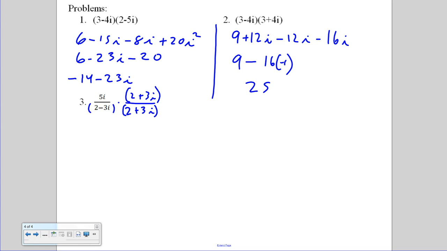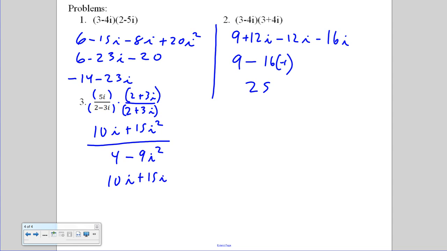And when you do that, you end up with, let's see, 10i plus 15i squared over, the middle terms cancel. So I don't have to worry about that middle term, 4 minus 9i squared, which means 10i plus 15i squared, which really is the same thing as minus 15, because i squared is negative 1, over 4 minus 9 times negative 1.